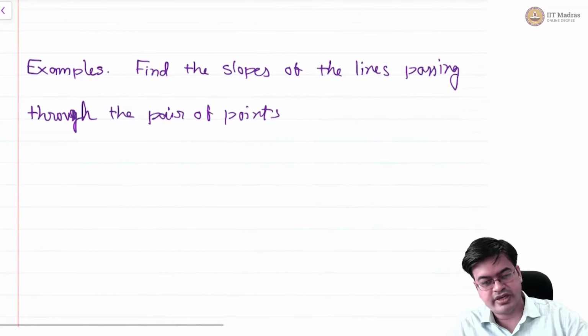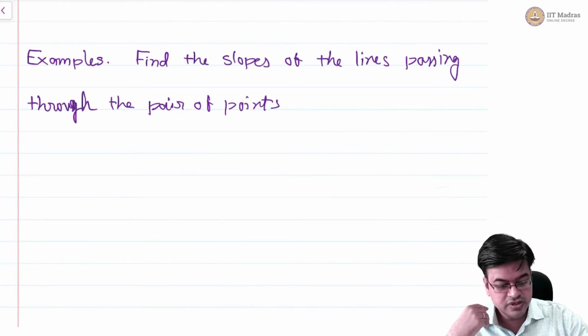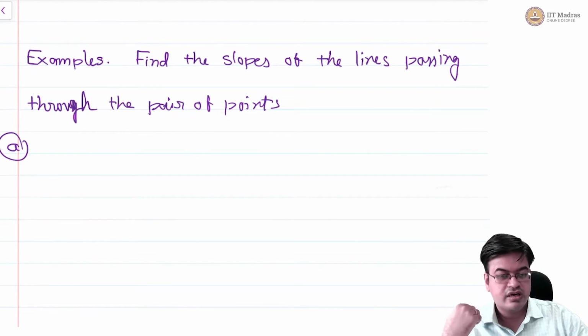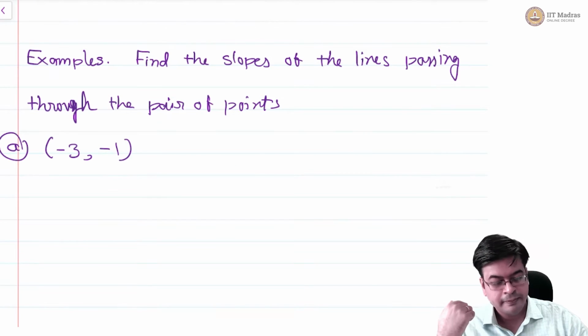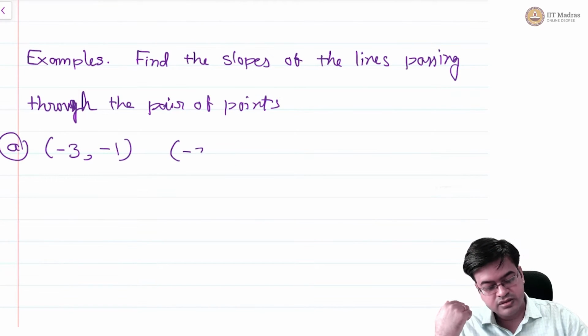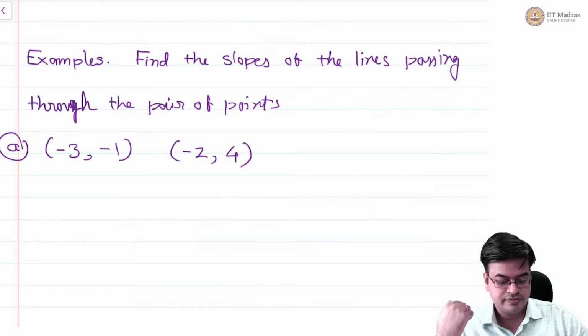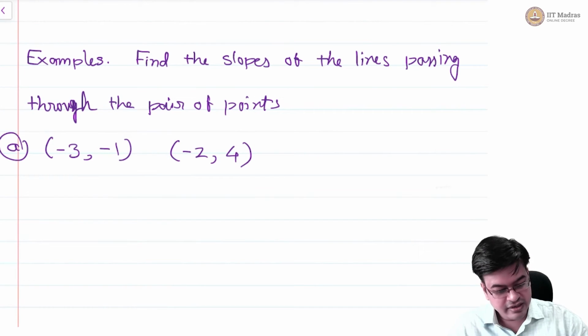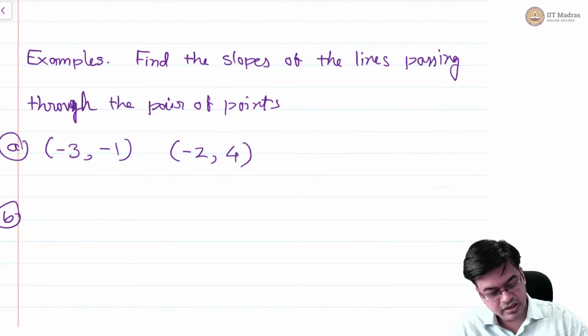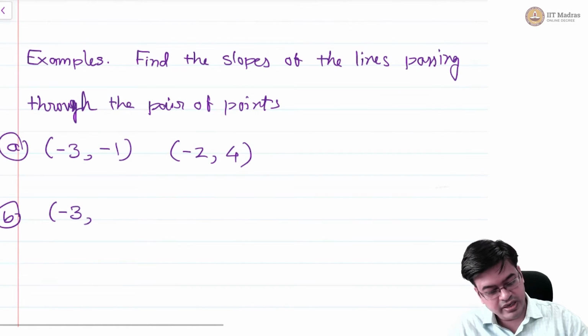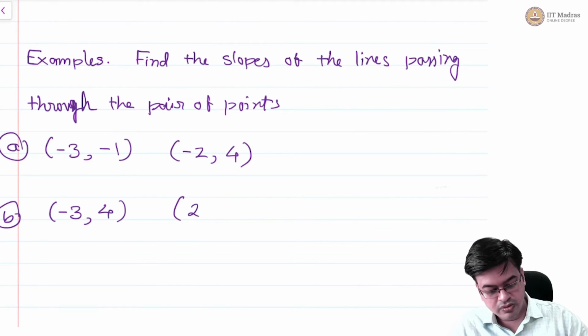A: find the slope of the line passing through -3, -1 and -2, 4. And B is the question that you have to find the slope of a line passing through -3, 4 and 2, -2.